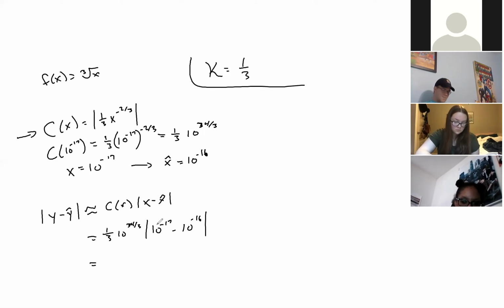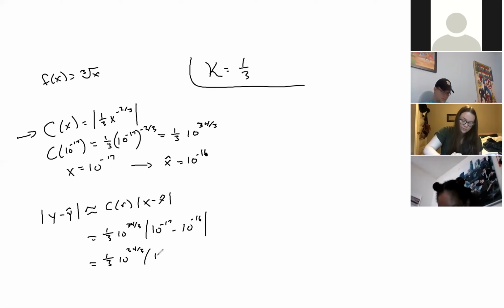I guess to get rid of the absolute values, let me switch the order of subtraction because 10 to the negative 16th is a bit bigger number. So basically, to answer part C of this question, how much change should you expect in your y values?